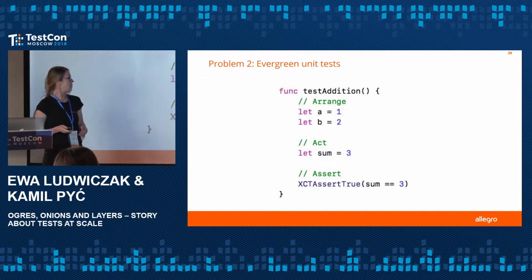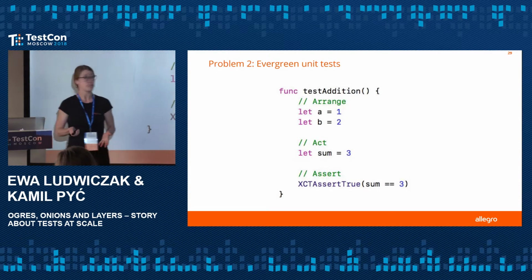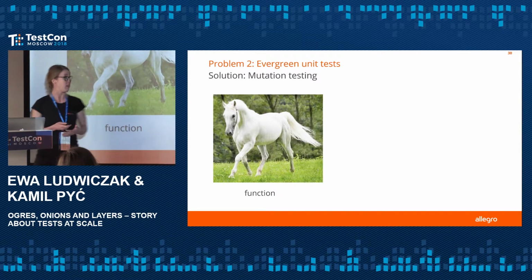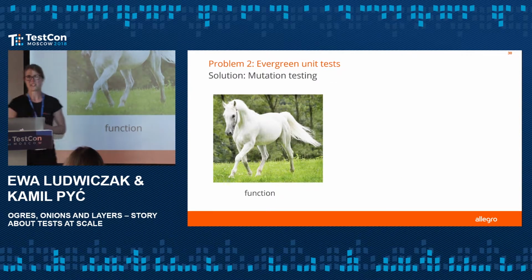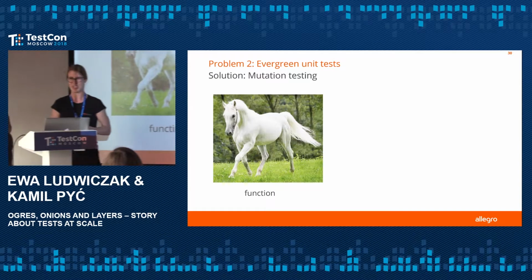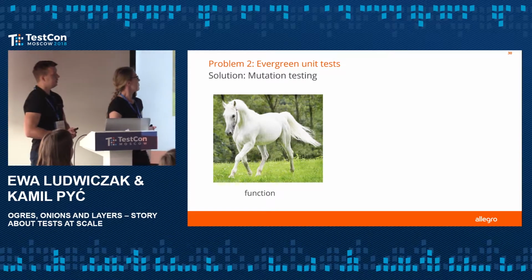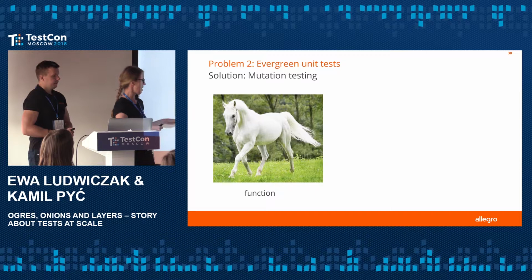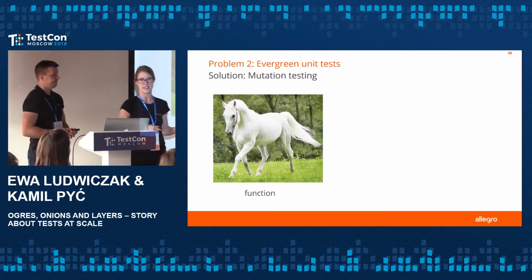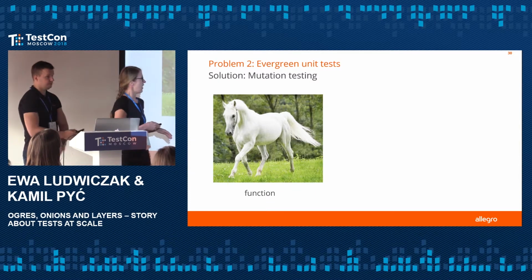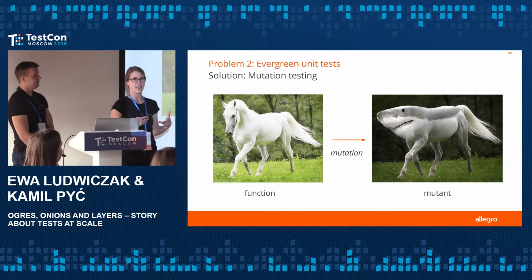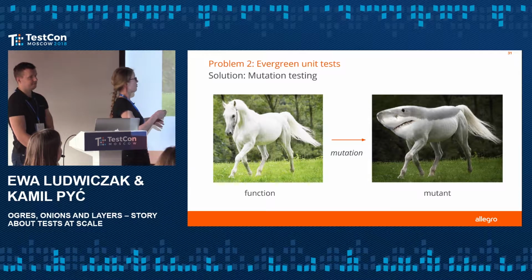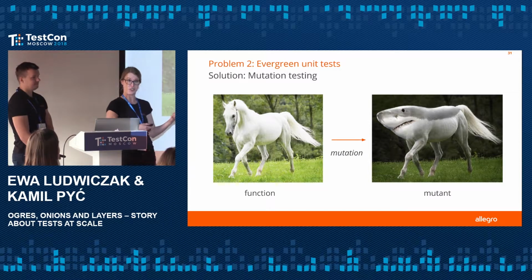So we were thinking how we could prevent this situation in the future, and this is how we came up with mutation testing. I know that some of you have heard about mutation testing before. Just for the recap, we have a function and the tests for this function. Then we intentionally introduce some changes, some mutants, to the code. So instead of a beautiful horse, we have this creature.